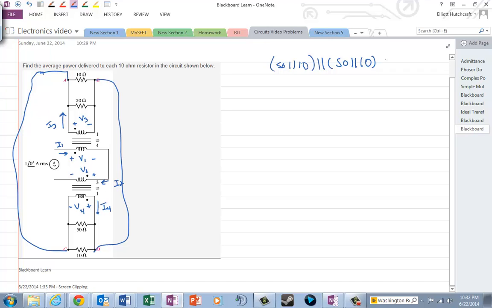And so before, when we calculated that, we had 50 and 10 in parallel, which we said was 8.333 ohms, and both of those are in parallel, and that's the same on both of them, so that should just be divided by 2, so this is 4.167 ohms.